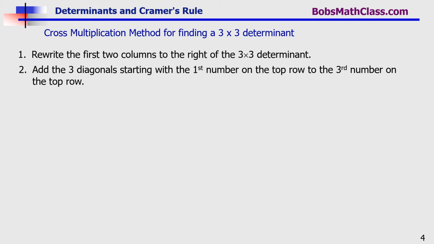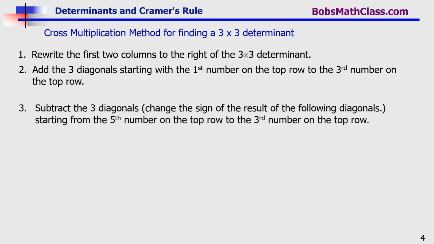And whatever sign you get for those diagonals, you're going to keep them. And then we're going to subtract the 3 diagonals going backwards, starting from the 5th number on the top row to the 3rd number on the top row. So when we go backwards, we change the sign, right? Just like we did last time. We're still going to change the sign.